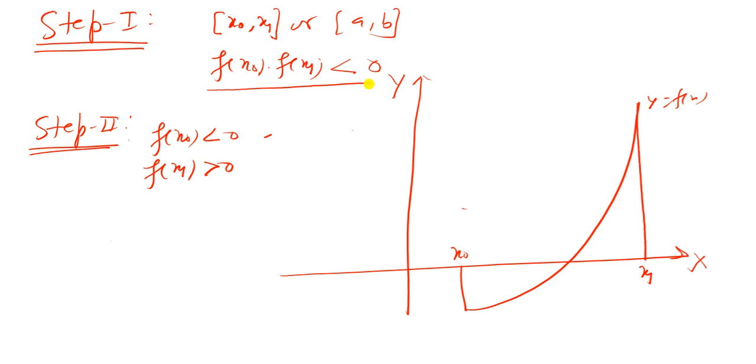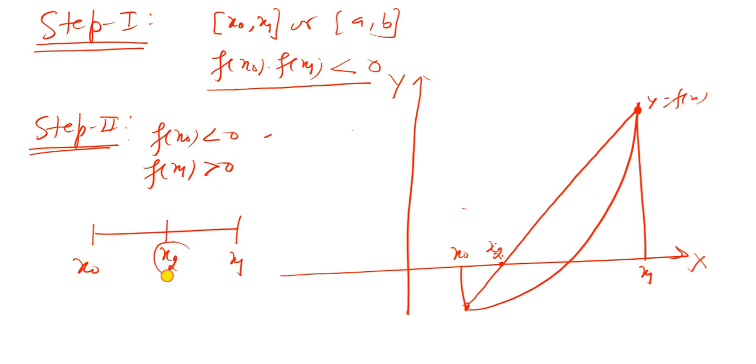Now here we take a chord joining the points. Say this point is a and this point is b, and this chord cuts the x-axis at the point x2, and this x2 lies between x0 and x1.